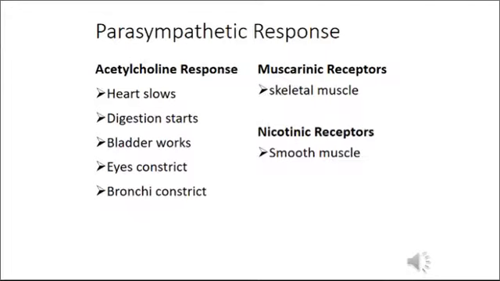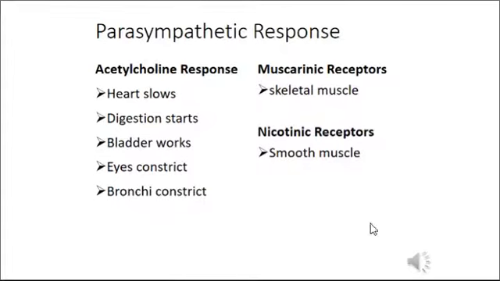Now we're on the left side, the parasympathetic or cholinergic side, and it's the release of acetylcholine, which directly affects muscles. And you'll see that with some of the disorders that are managed with cholinergic drugs.